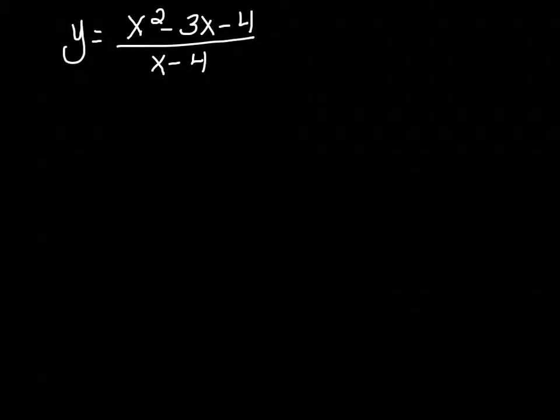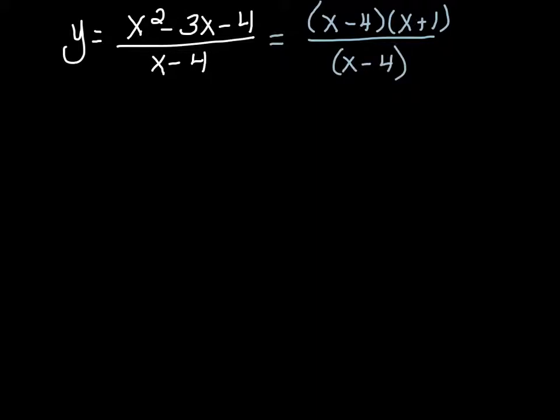Let's check for holes and asymptotes. The first thing I'm going to do is factor. On the top, I have x minus 4 and x plus 1. On the bottom, I have x minus 4. So the first thing I can look at is, do I have a hole in my graph? And I do.